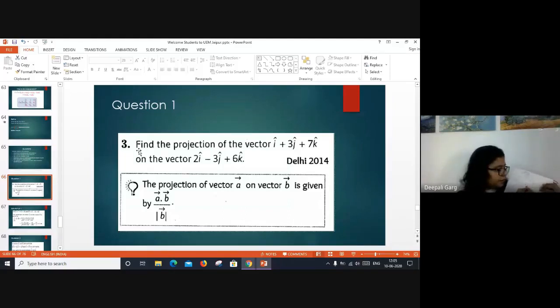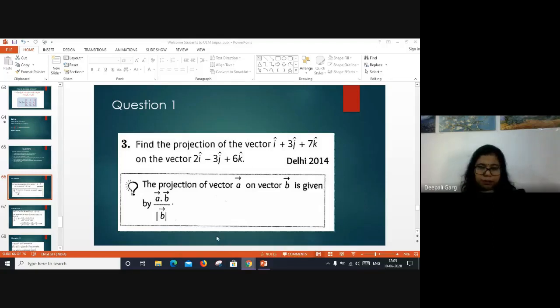This is B vector and this is 2i cap minus 3j cap plus 6k cap. You have to find the projection of A on B. It means you have to calculate the shadow of A on B. And the formula is given, the projection of A on B is given by A vector dot B vector divided by the magnitude of B vector. So can you calculate? If you can, please forward.